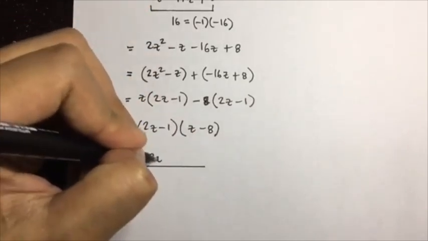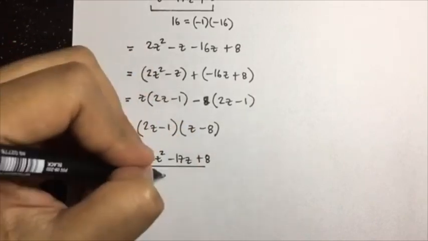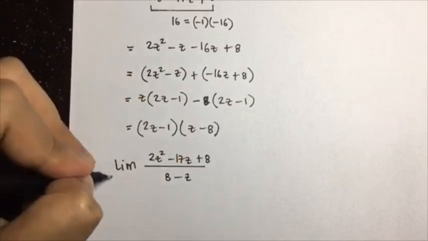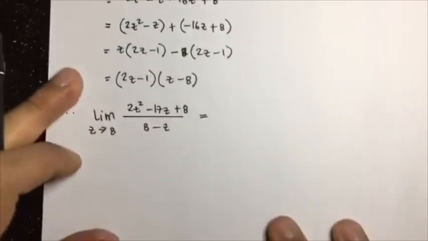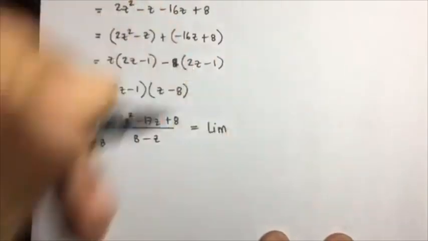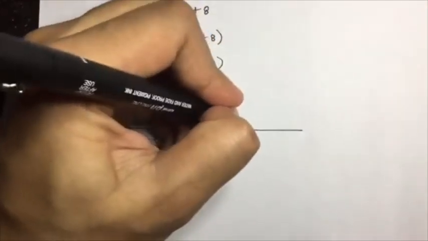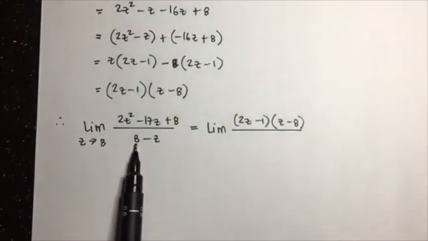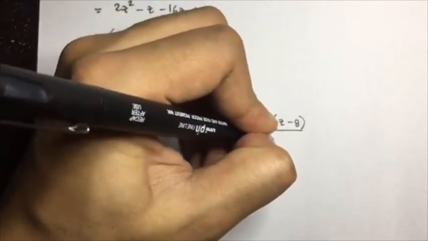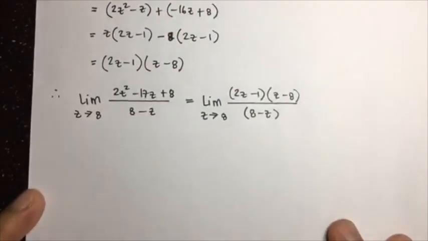Therefore, rewriting the given, the limit of (2z squared minus 17z plus 8) over (8 minus z) as z approaches 8 is equal to, factoring out the numerator, the limit of (2z minus 1) times (z minus 8) over (8 minus z) as z approaches 8.